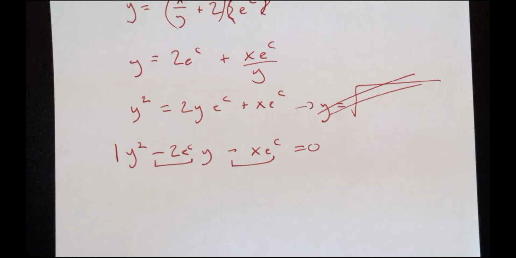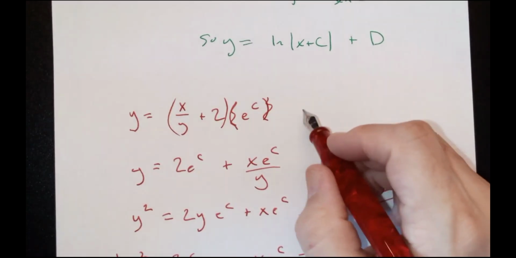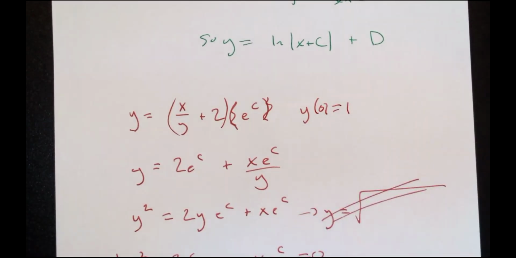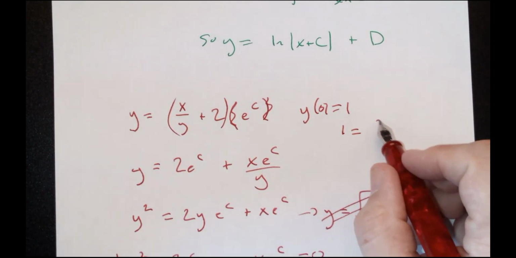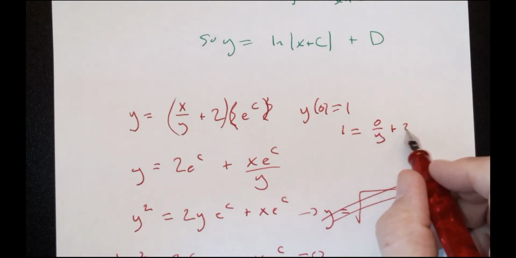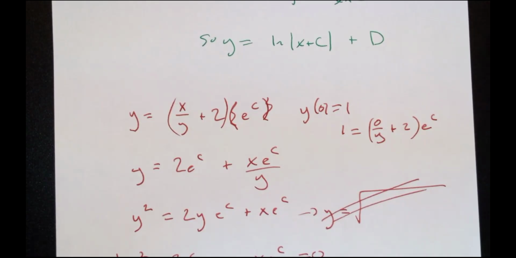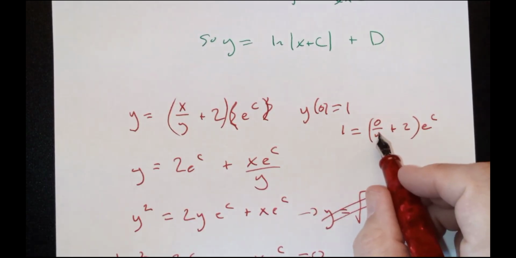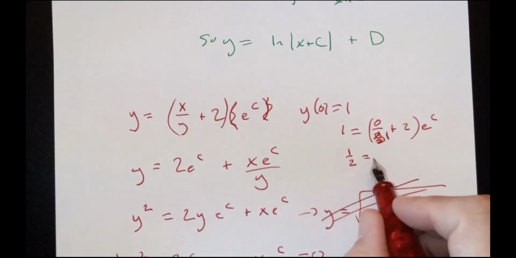So if I go to your equation right here, and we put in y of 0 equals 1, then I would have 1 equals 0 over y plus 2, e to the c, right? 0 over 1. So that's 1/2 is e to the c.